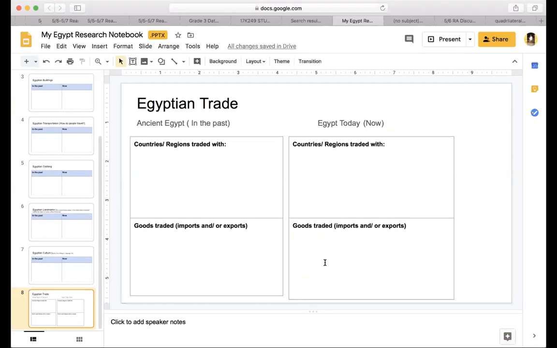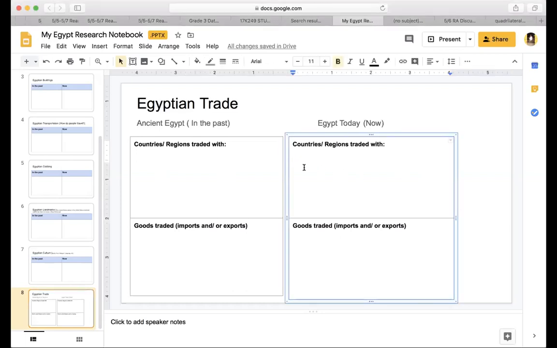So if I go back, I can think about what I learned about Egypt today. And I learned that Egypt trades with our country, the United States. So I can type that in.